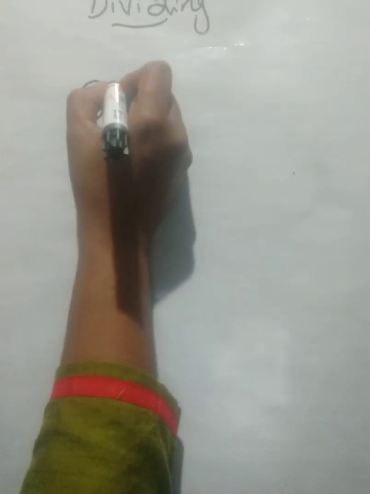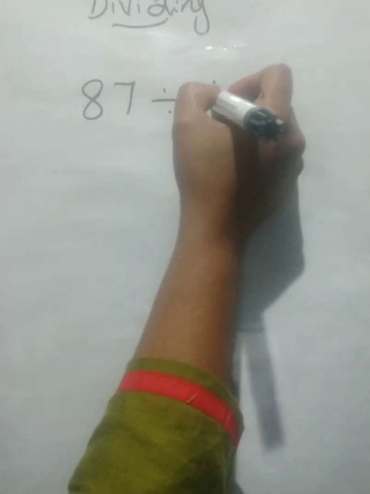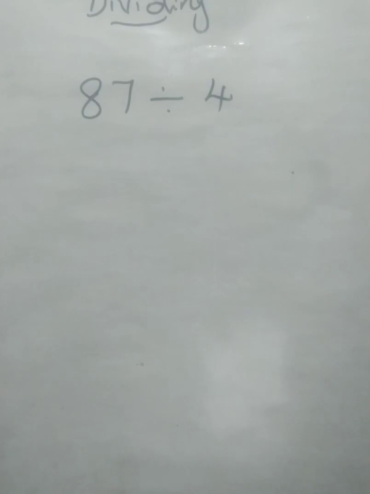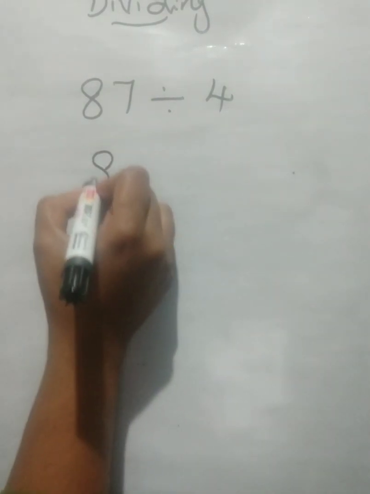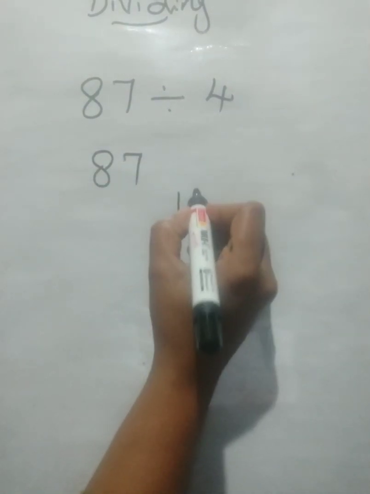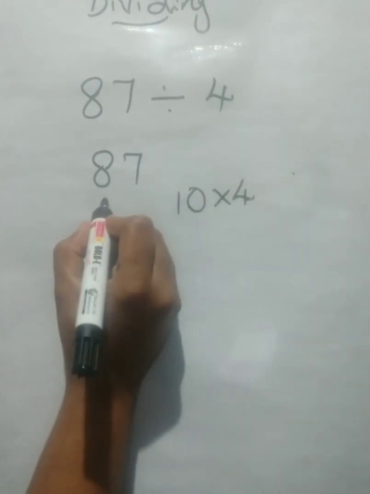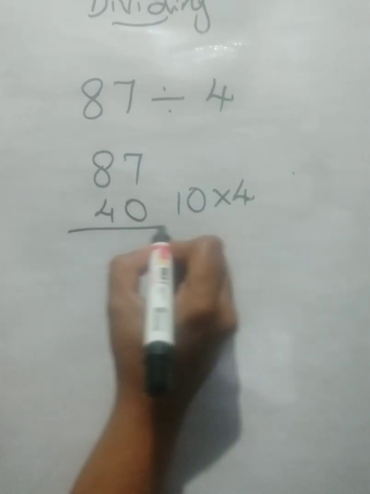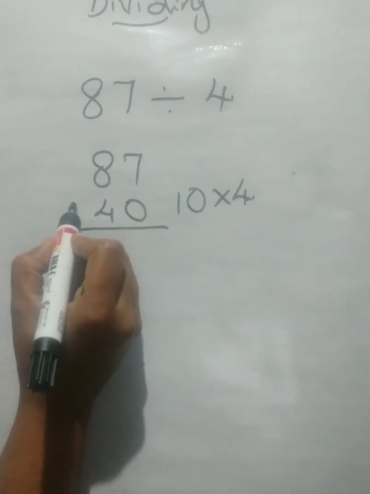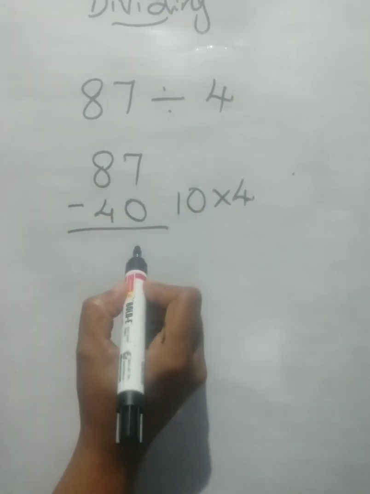Next number. 87 divided by 4. That is 87. Then 10 times 4. 10 fours are 40. Then subtraction. Again 7.